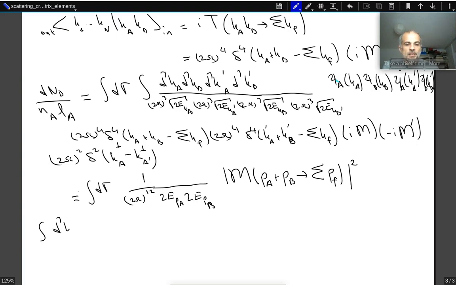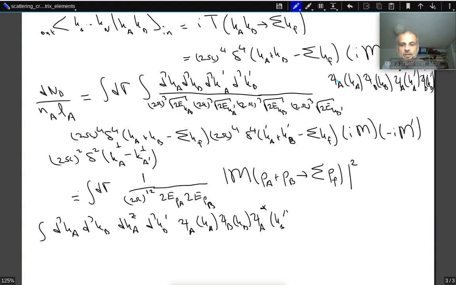Now let me write the integral. I have d cubed Ka, d cubed Kb. I evaluated two of the integrals of Ka prime, so that will give me the Ka z only, d cubed Kb prime, psi A of Ka, psi B of Kb, psi A star of Ka prime, psi B star of Kb prime.